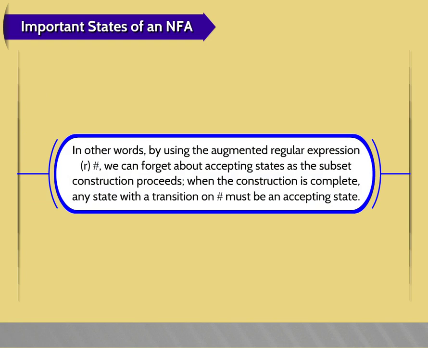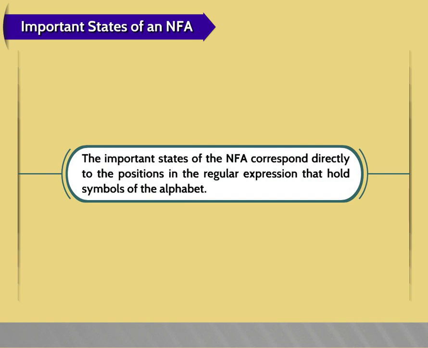When the construction is complete, any state with a transition on # must be an accepting state. The important states of the NFA correspond directly to the positions in the regular expression that hold symbols of the alphabet.